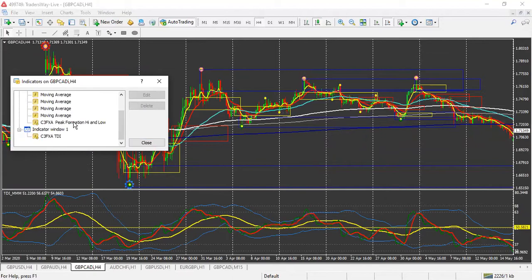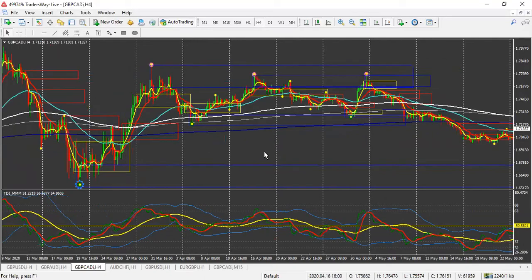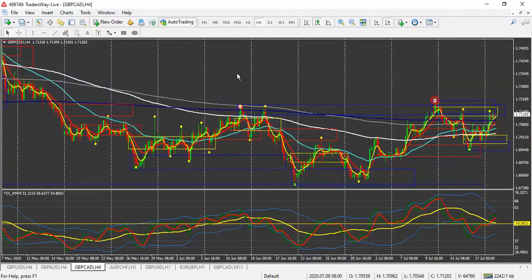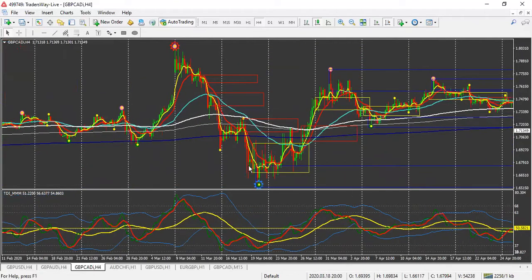Yeah. It's going to place a star at peak formations. Right. At different peaks. Right now, this will help you spot peak formations and could be used as an added confirmation, right?